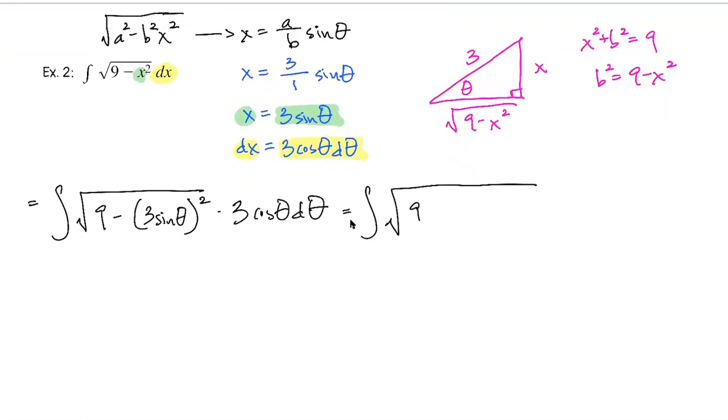So we get 9 minus 9 sine squared theta. And then on the outside, we have 3 cosine theta d theta. I can factor out a 9 here.